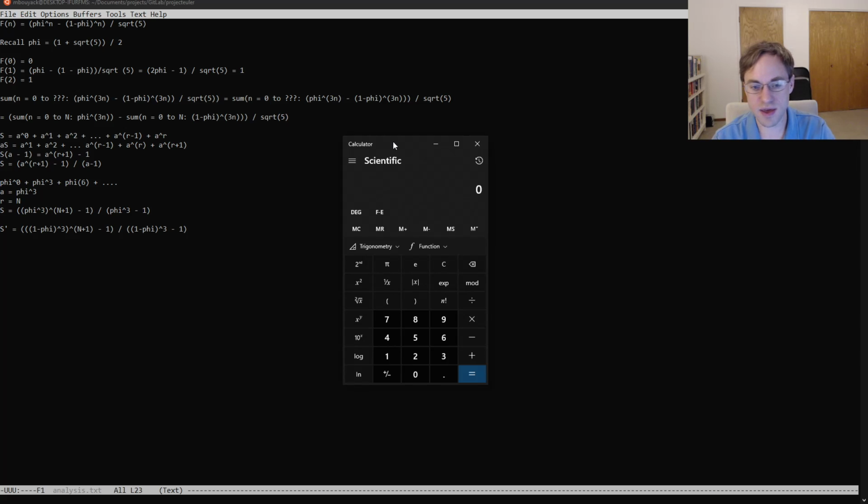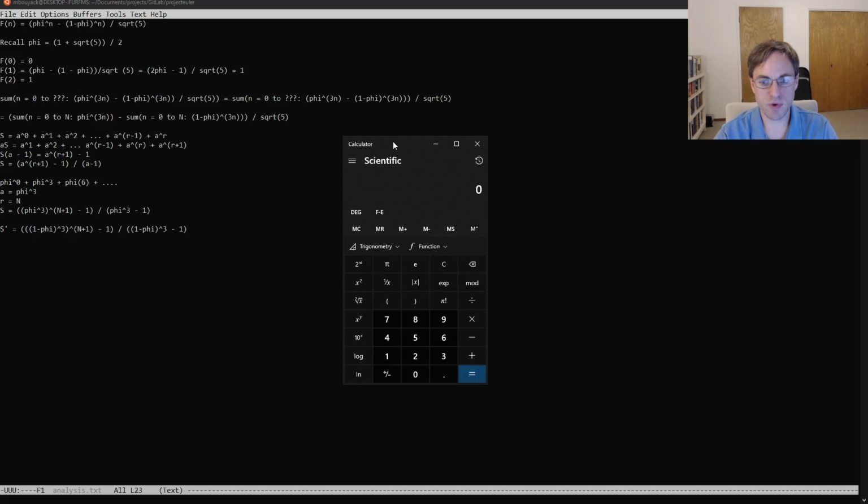Let's try the 22nd Fibonacci number, and in fact, let's add a few to that, because we rounded the exponent up, so let's do the 25th Fibonacci number here.